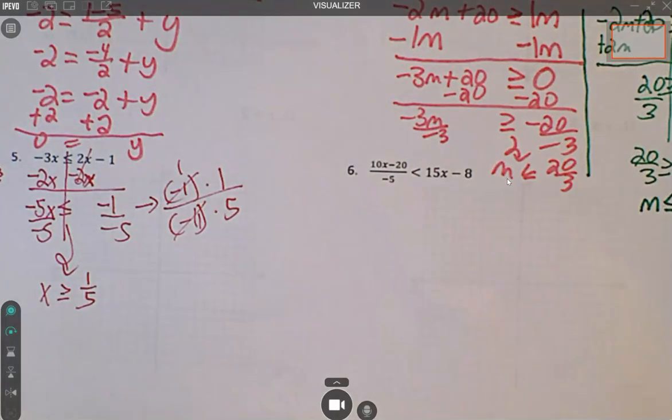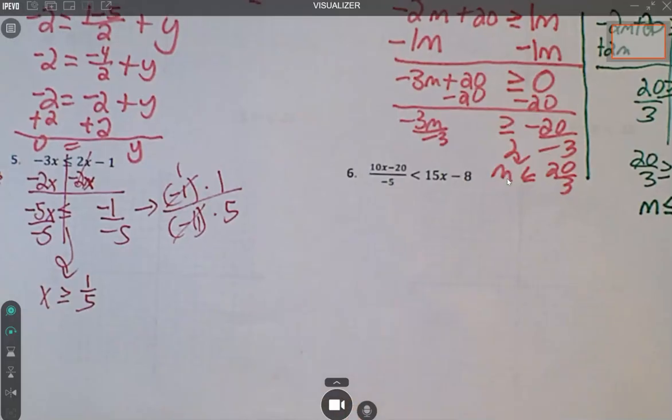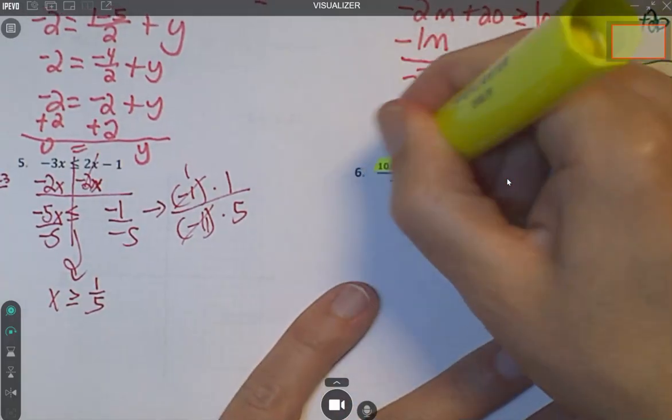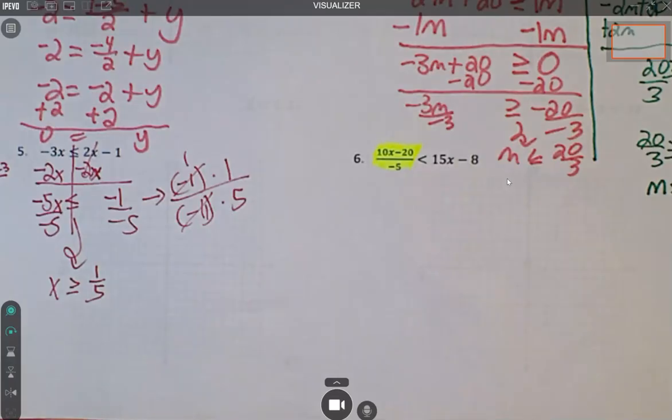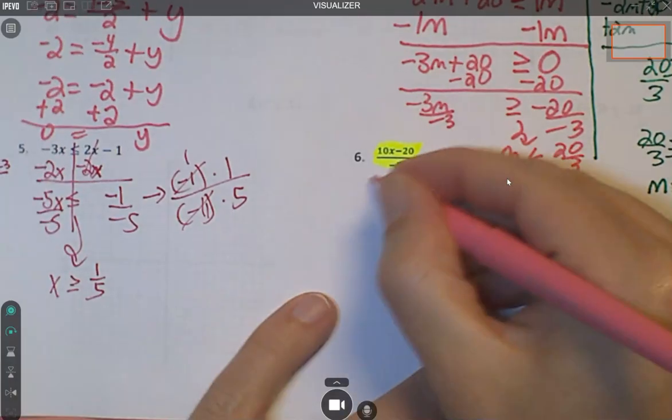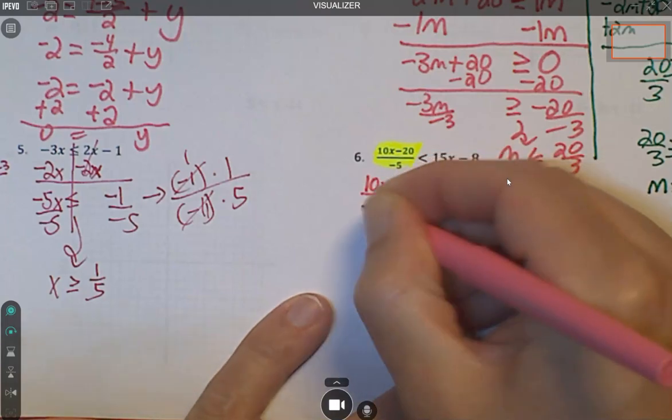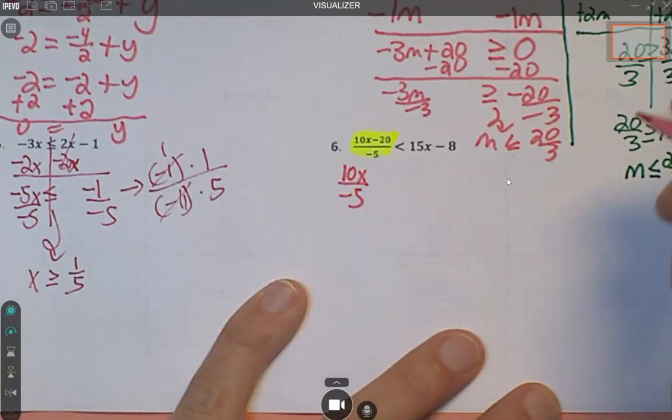Okay, so the number of people that flipped it, or multiplied by -5, the number of people that did that was a lot. But there's something special going on here. That would have required no flip for you. 10x is divided by, you can do that division.